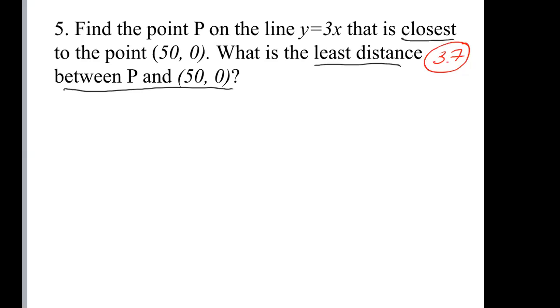All right, so if we answer the first question, then we should be able to easily answer that second question. Let's first of all draw a picture of what this is asking for. I'm given the equation of a line, so maybe let's draw that line.